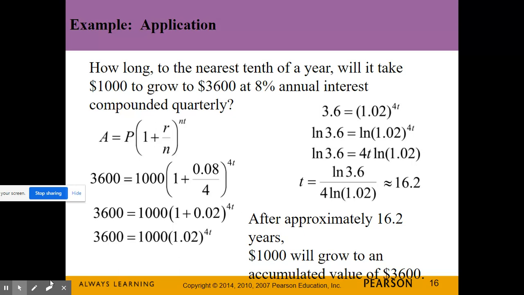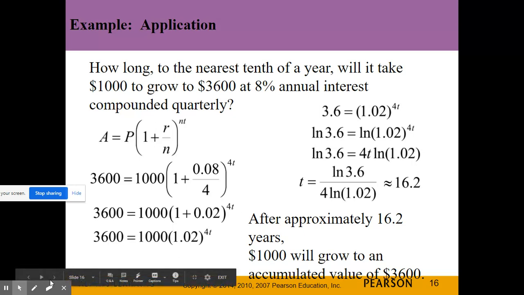Take the natural log of both sides. Power property gets you 4t on the outside. Divide natural log of 1.02 and 4 from both sides, and you get approximately 16.2. So it would take 16.2 years to turn $1,000 into $3,600 at a rate of 8% compounded quarterly.